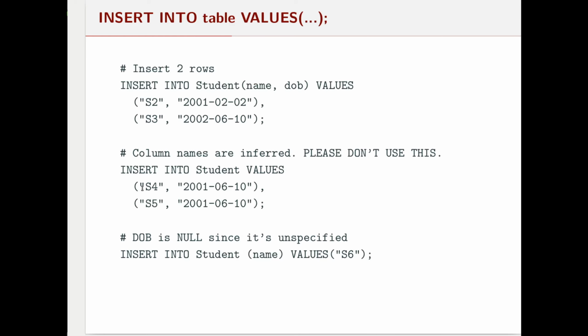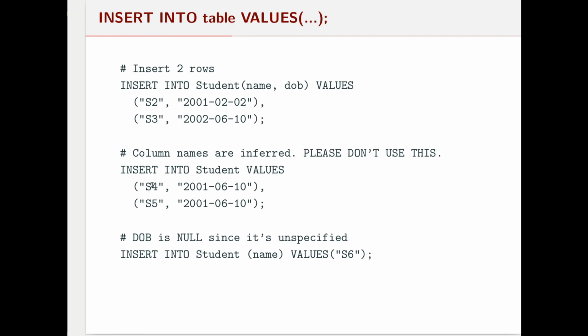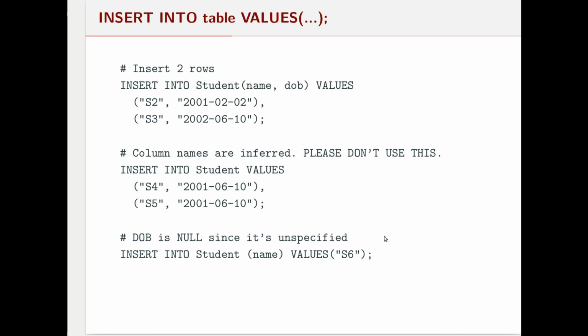However, S4 will be identified as a name because as per this schema, name is the first column and S4 is the first value here. Similarly, date of birth is the second column and date of birth is given as a second one here. So that's what this is meant for. Please don't do this. It'll be a maintenance headache for everyone who looks at the project other than you.